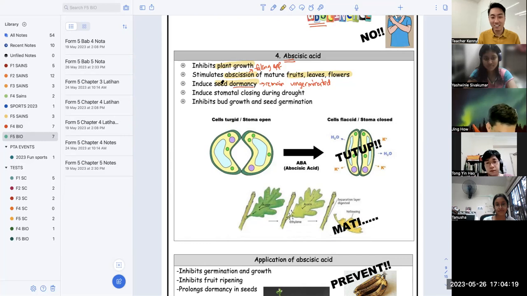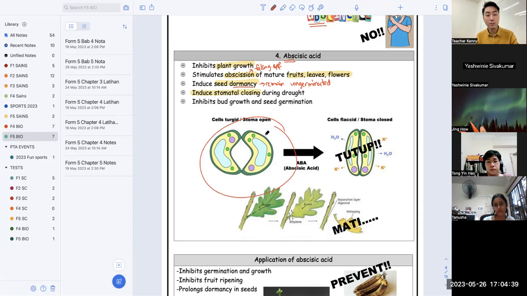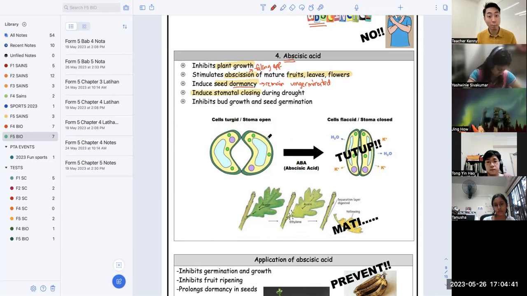Okay. All right. Now, next, induce stomata closing during drought. Now, guys, look here. Induce means stimulate, start, encourage. Okay, now let me ask you, stomata. During the daytime, the stomata open, right?